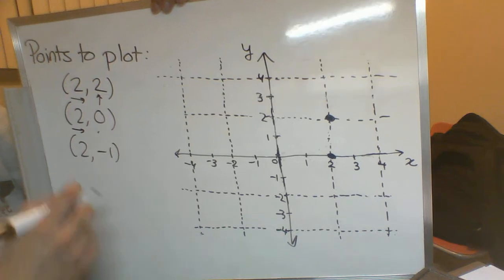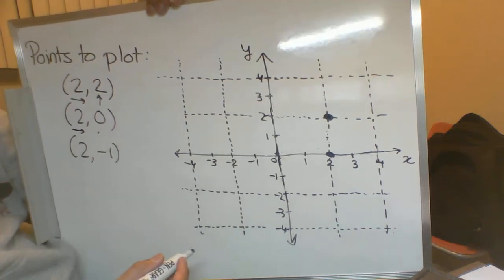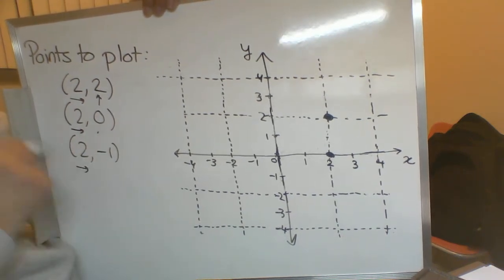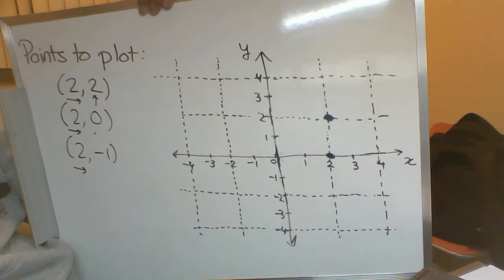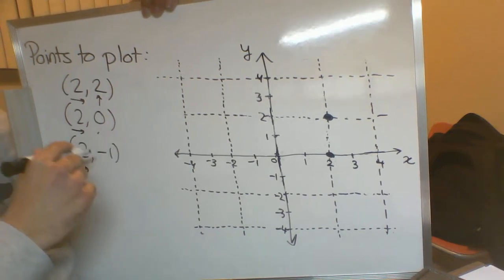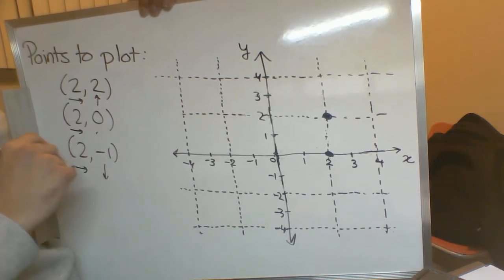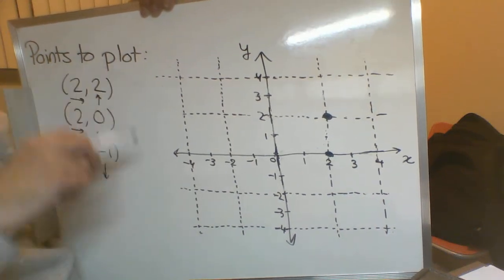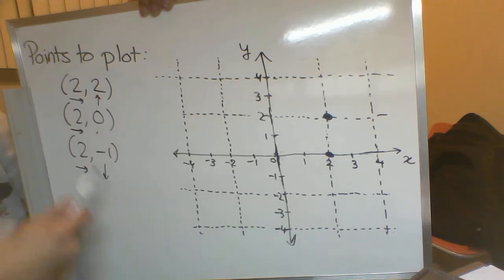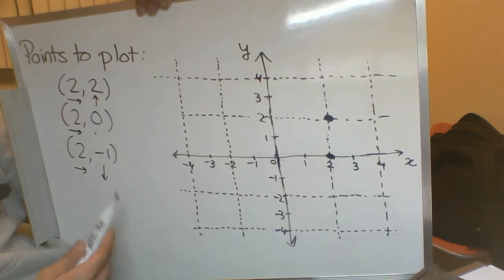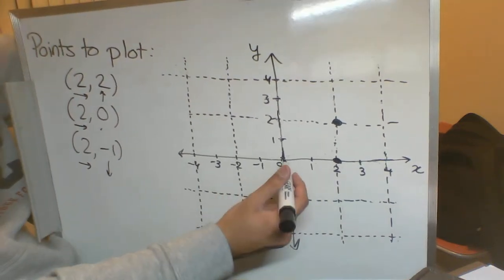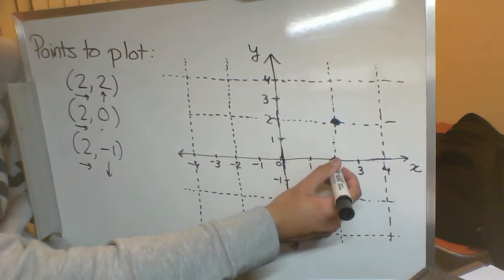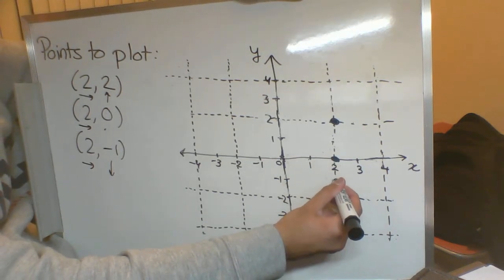And then our last point is (2, -1), so that's still telling us 2 in the positive x direction, and then -1 tells us that we're going to be moving down one step, because, well, the second number tells you where you're moving in the vertical direction, and if you have a negative in front of it, it means you're moving down.